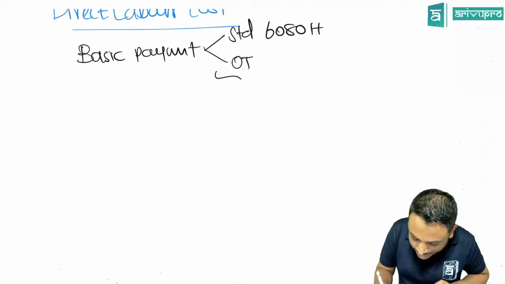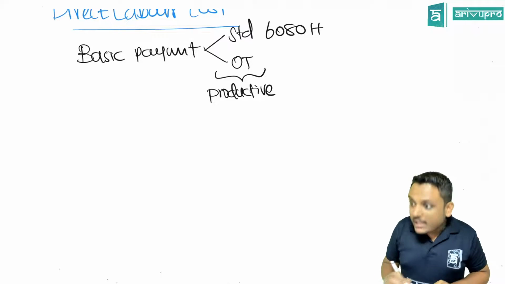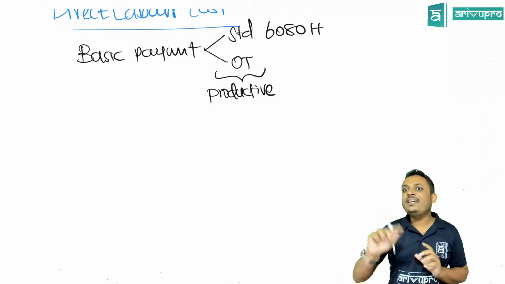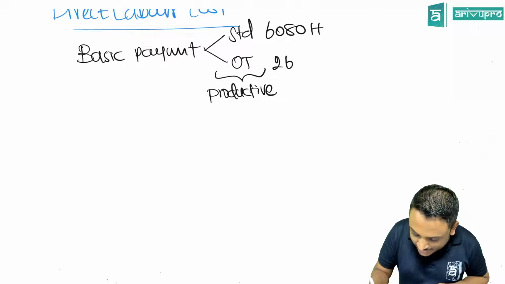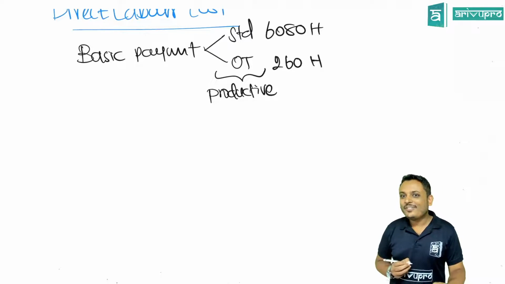So for overtime, here I am writing productive because the 448 includes idle time. If we don't have idle time, I can take the entire overtime, because idle time is indirect. So how many hours? 260 hours. Understood?